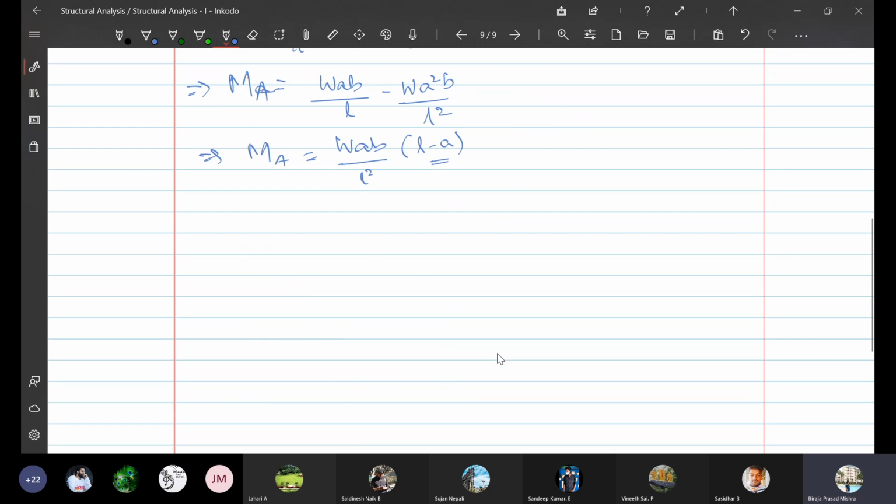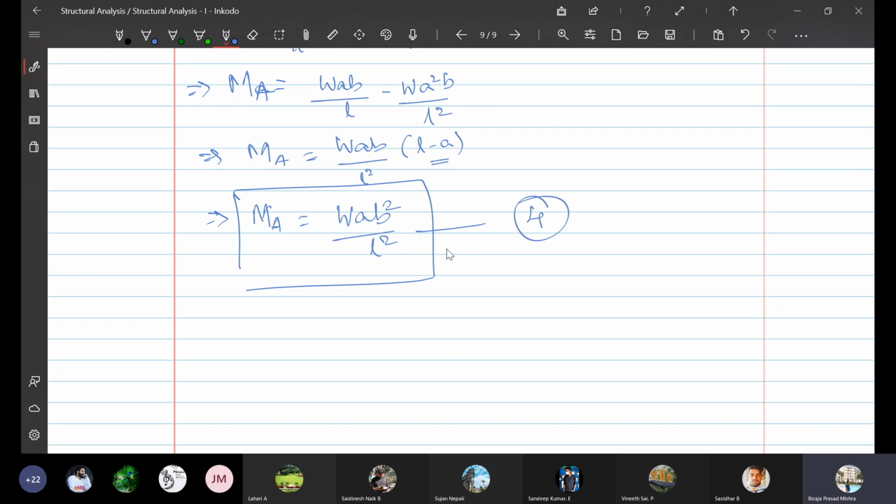L minus A equals B. So this implies we can write MA equals WAB square by L square. Okay, this is equation 4.